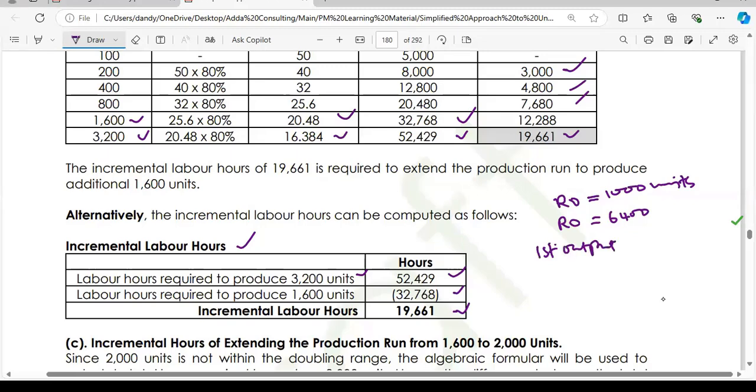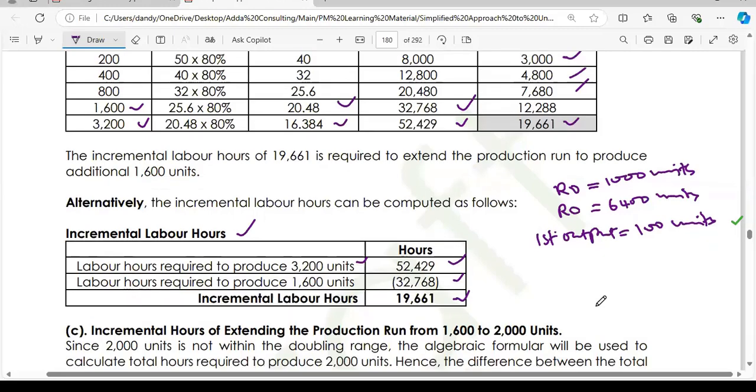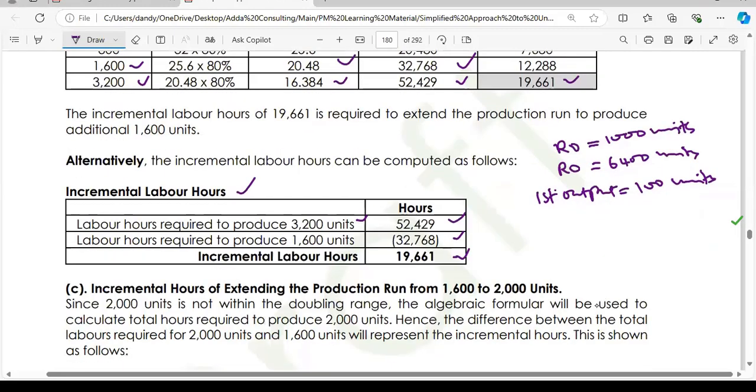The output in the first batch is 100 units. So if you want to double, you are the one that will determine it. You are starting from the output in the first batch. The required output is 1,000 units. You need to ask yourself whether it is possible for you to double 100 to make up 1,000. And I demonstrated it. It's not possible.